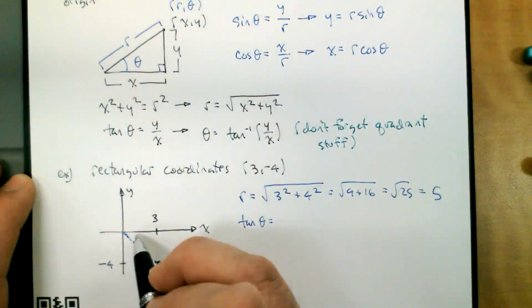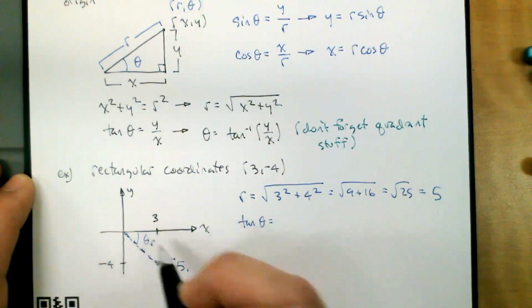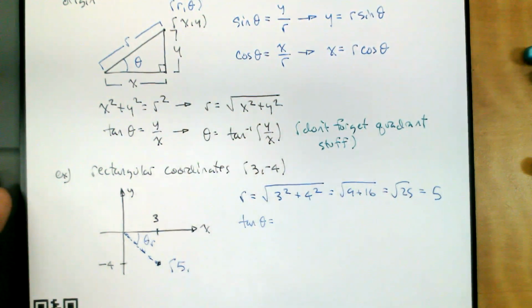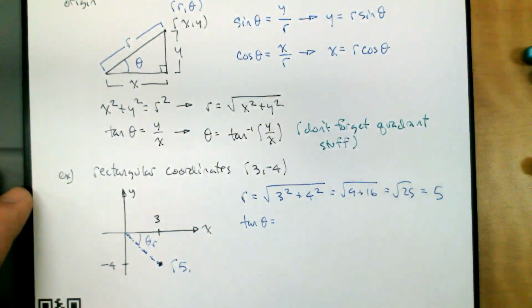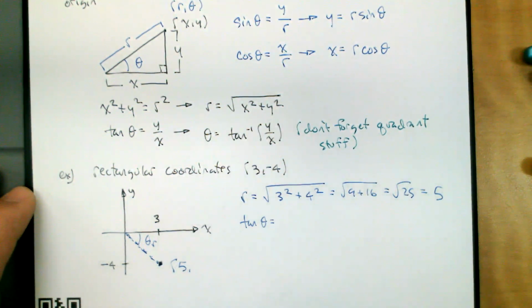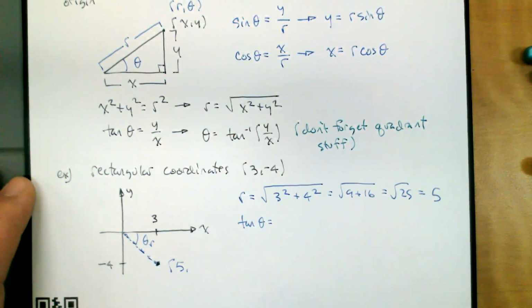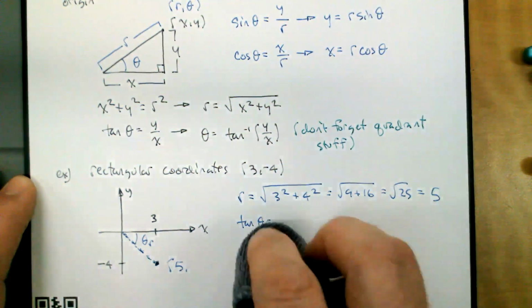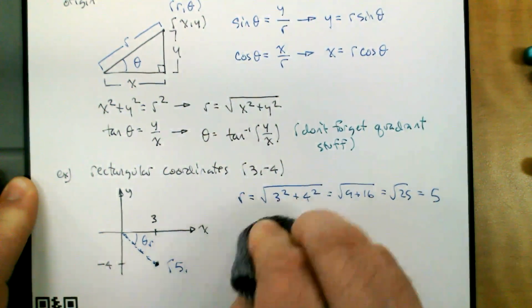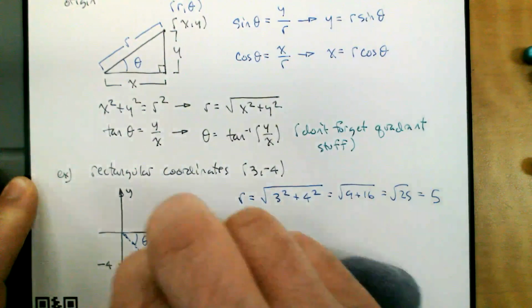So tangent of theta. The thing that we're going to have to remember is that we're going to get a reference angle. No, we're not going to get a reference angle. This is going to come out negative. I have to decide how we want to think about this. Oh, well, let's just do it this way. Let's just do it the way I originally started.